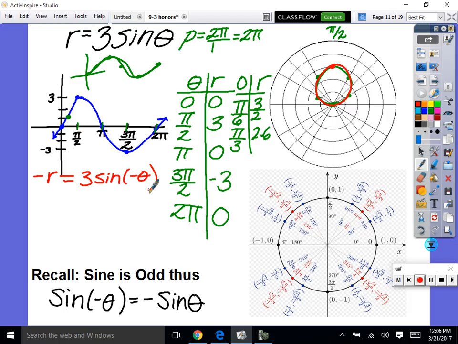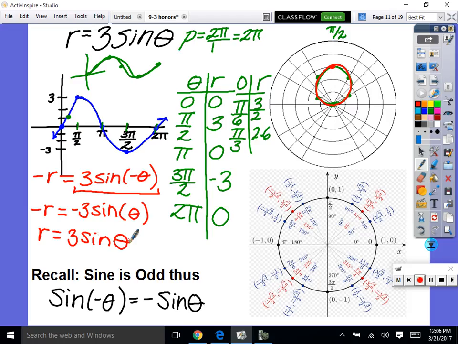So negative r equals negative 3 sine theta. To solve for r, divide both sides by negative 1. So r equals 3 sine theta. When we plugged in negative r, negative theta, we got the same thing as the original function, so it has symmetry over pi halves.